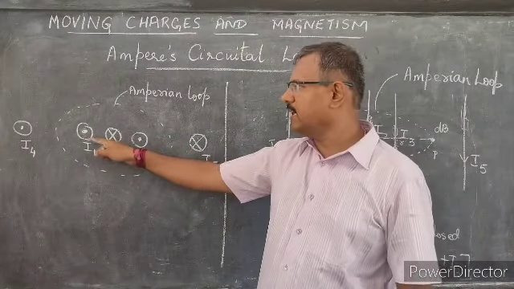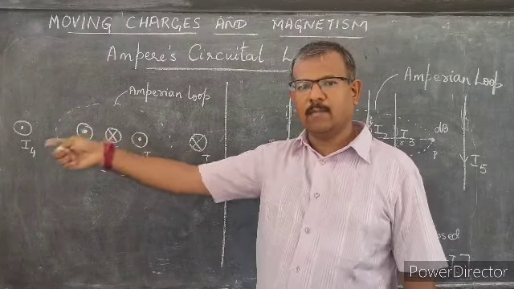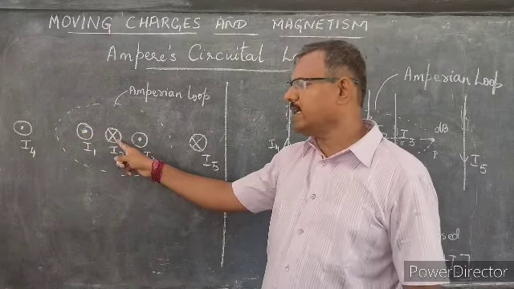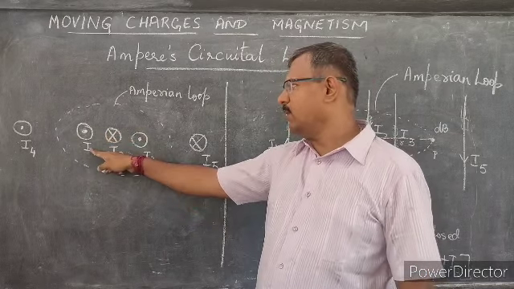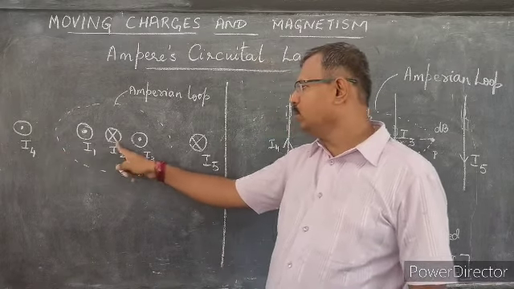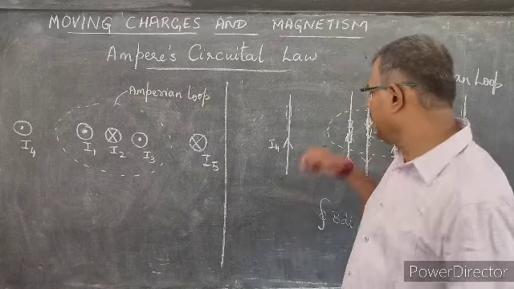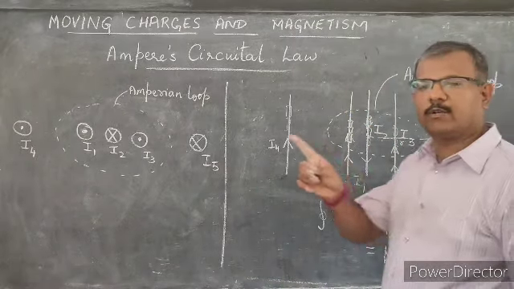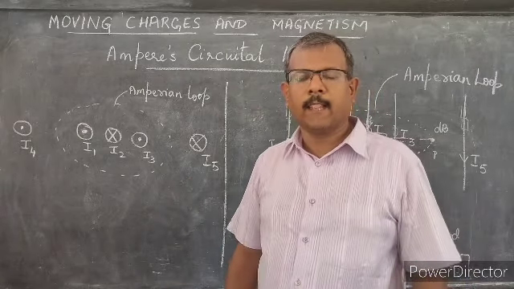This sign convention, if you recall, is current coming out of the board, and this sign convention means the current is going into the board. So I1 is coming out, I3 is coming out, I4 is coming out, I2 and I5 are currents that are going in, or going downwards here, right? So they are going into the board now, since I am looking at it from the top.